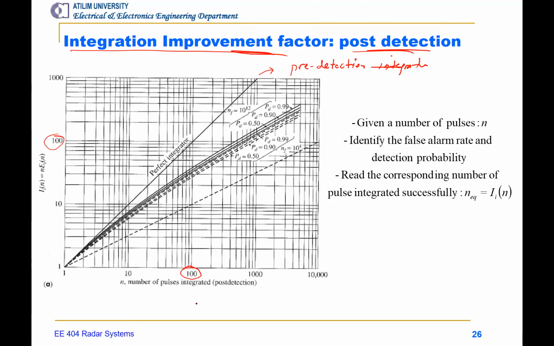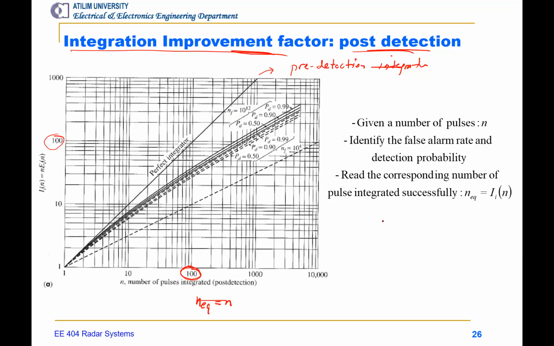You remember this, the equivalent number of pulses integrated is equal to N, the number of pulses at the input of the pre-detection integrator. For post-detection, of course, this should be less than this one. We have 100 pulses at the input, but given the efficiency here, the number of pulses integrated will be much smaller than 100.